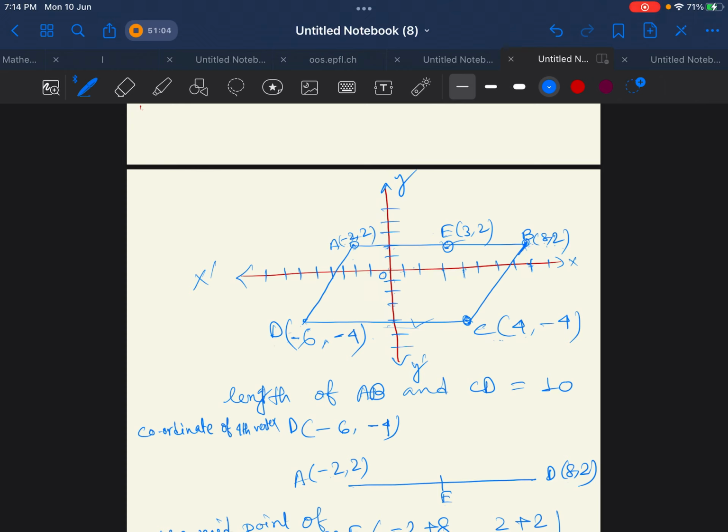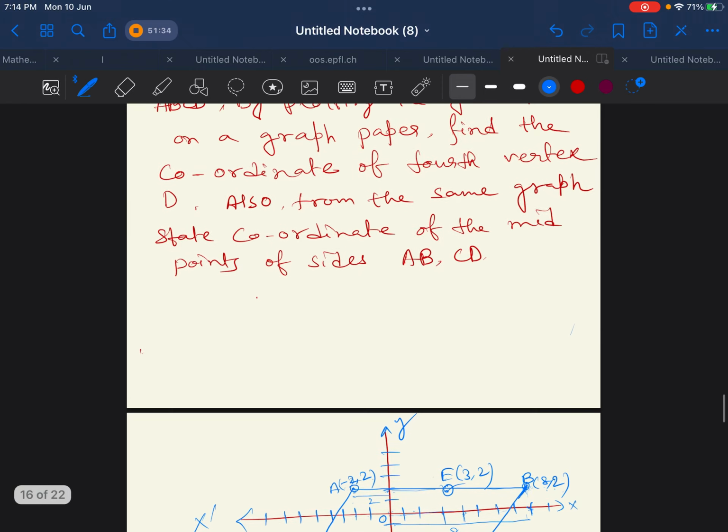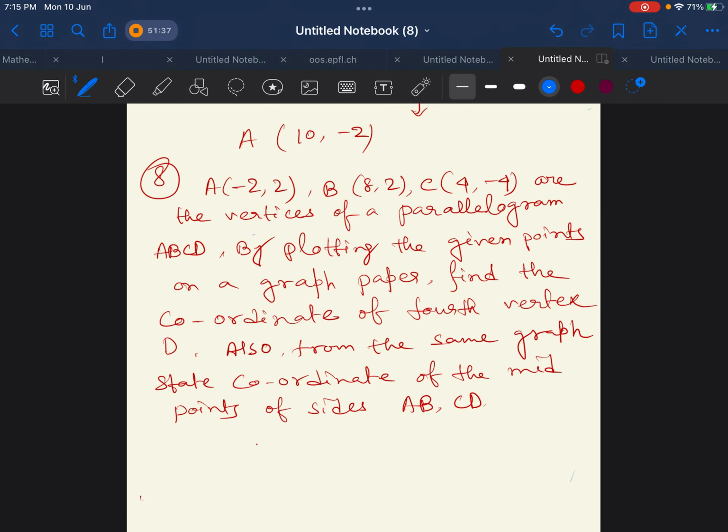Along the right side, from the origin the length is 8, and here the length is 2. So the total length of AB is 10.